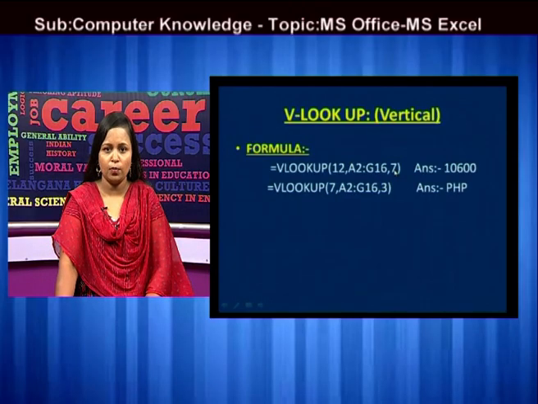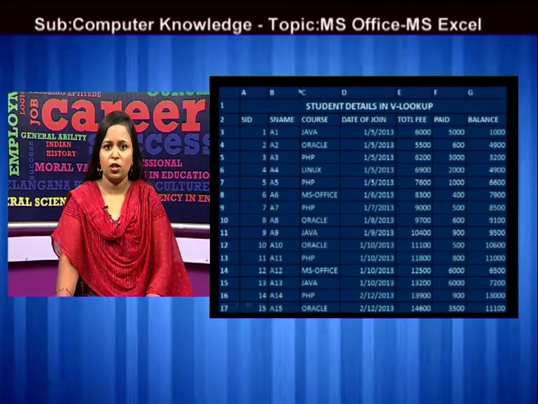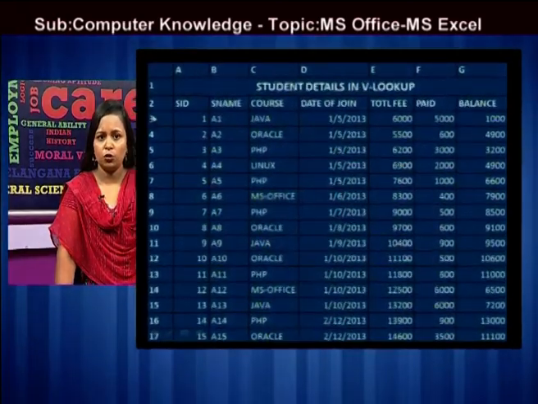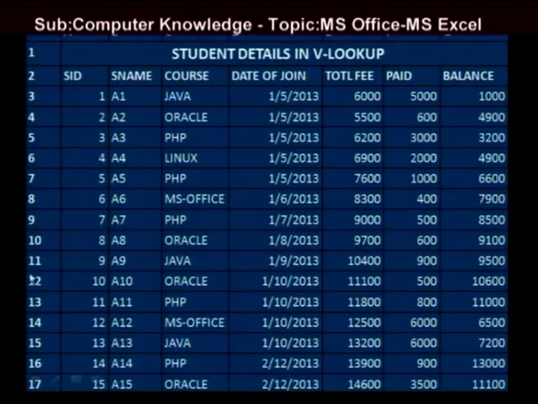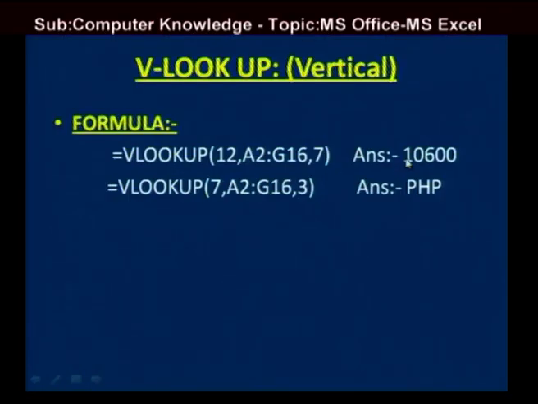I will explain it in the table. The table range starts with A2 and goes to G17, and the 7th one is the balance column: 1, 2, 3, 4, 5, 6, 7. For the 12th student, the answer is 10,600 by vertical search.